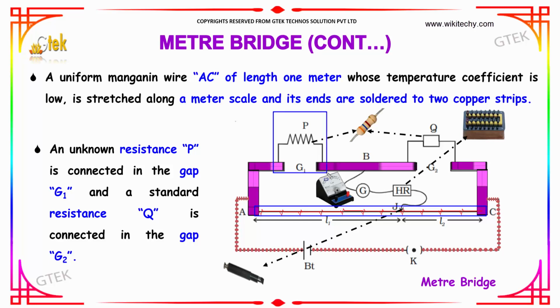An unknown resistance P is connected in the gap G1 and a standard resistance Q is connected in the gap G2.